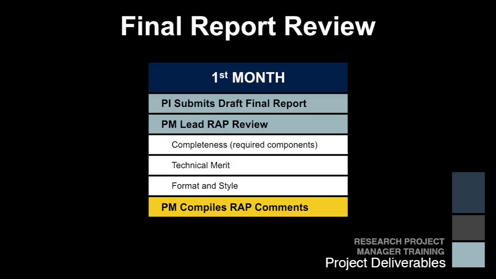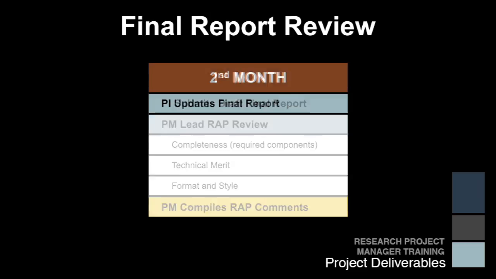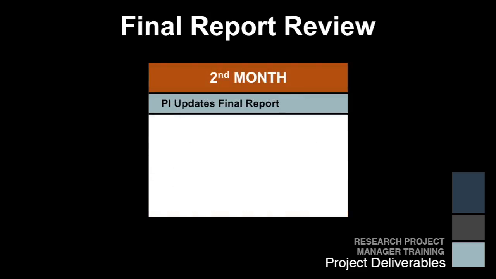You'll set a deadline for panel members, perhaps meet with them face-to-face to get their input, and provide compiled comments to the principal investigator. In the second of these last 3 months, the principal investigator updates the final report and resubmits it to you.